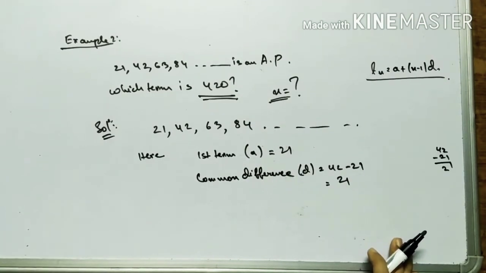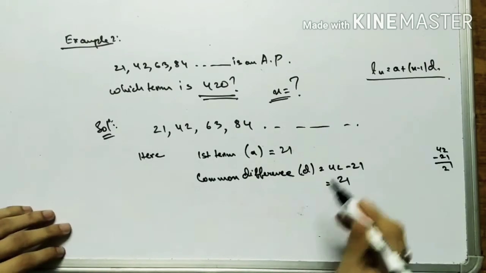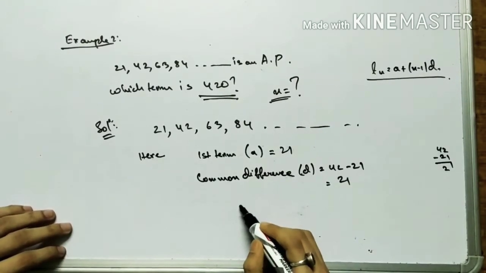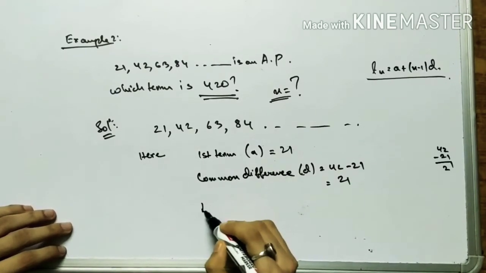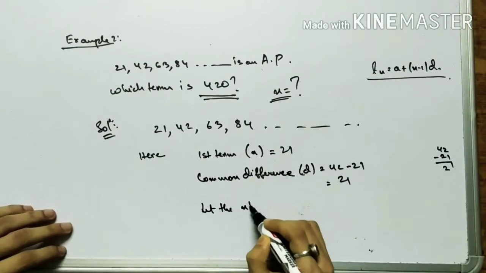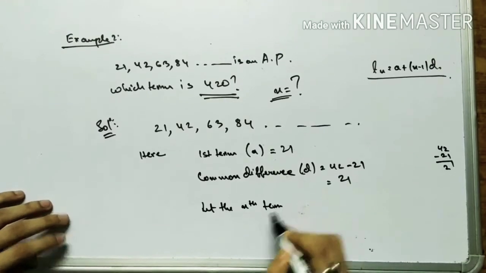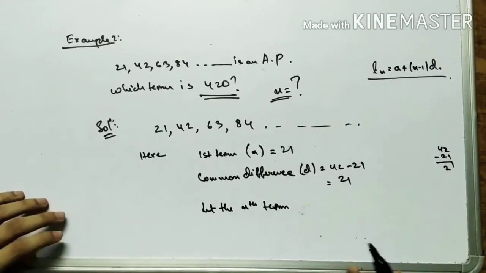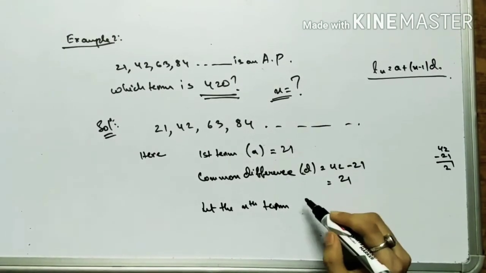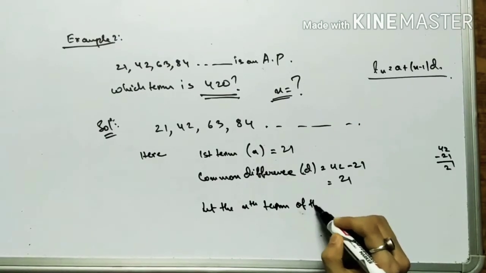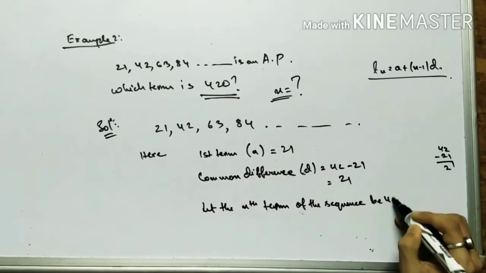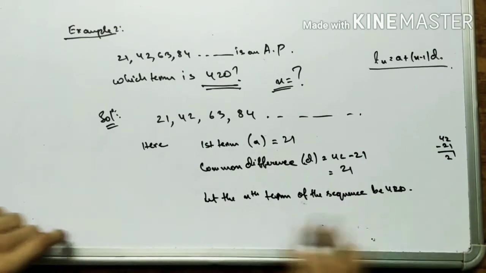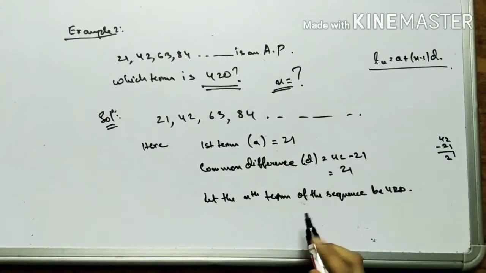Understand? So in here I will say that, n value I don't know, so let the nth term of the sequence be 420.